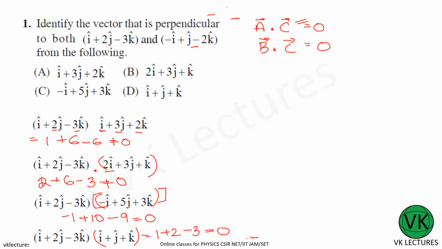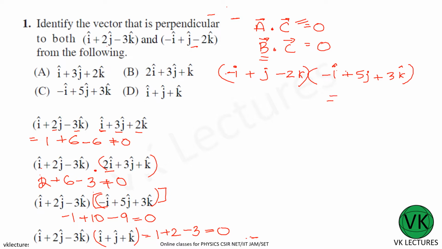Now here again we have the vector B. What we have to do is use this vector B, that is minus i plus j minus 2k, and take the vector C that we got from option C, that is minus i plus 5j plus 3k. Okay, now just put the dot product.